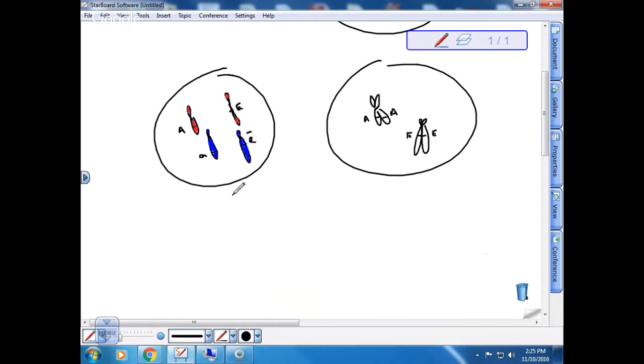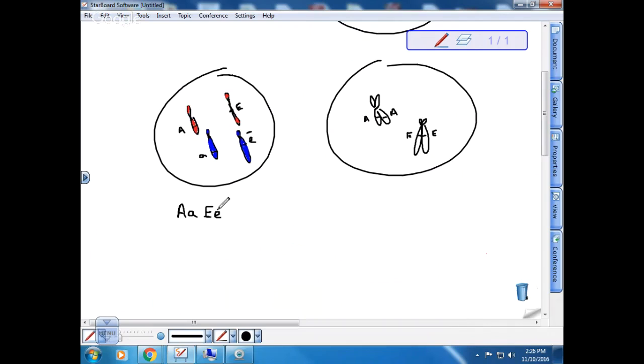So is this cell haploid or diploid down here? It's not haploid, it is diploid, right? So the reason why it's diploid is that there's a copy of the genes, right? So if I was to write the genotype, it would look like this. Right, so this should look familiar to you from the lab, right? So this is a diploid cell.